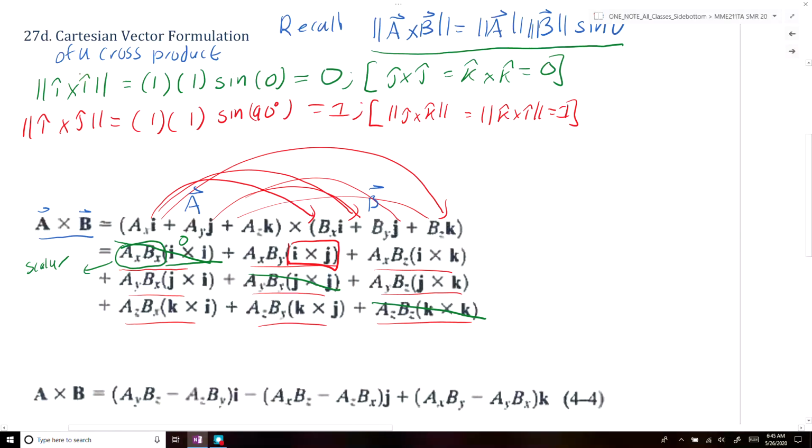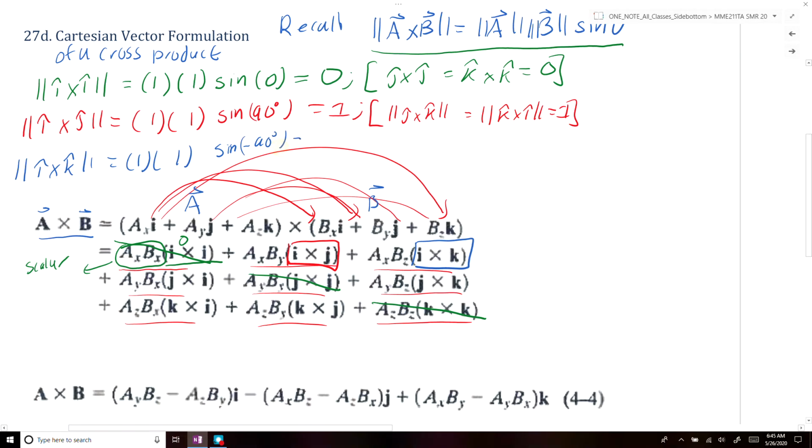And then the final step here would be for cross products like i cross k. Both of these will have a magnitude of 1, and then it would be multiplied by the sine of negative 90 degrees.